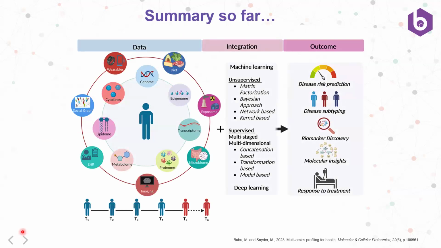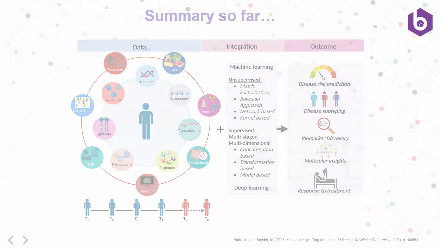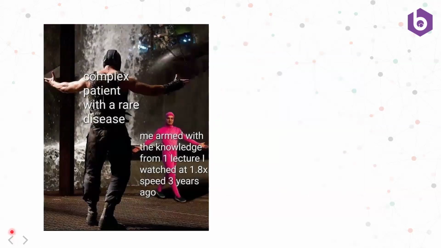And again, I will reiterate why it is important for medical professionals and clinicians to understand this: biology has shifted to omics, and now omics is shifting to medicine. Like some of you said, precision medicine. Imagine you have a complex patient and a rare disease.